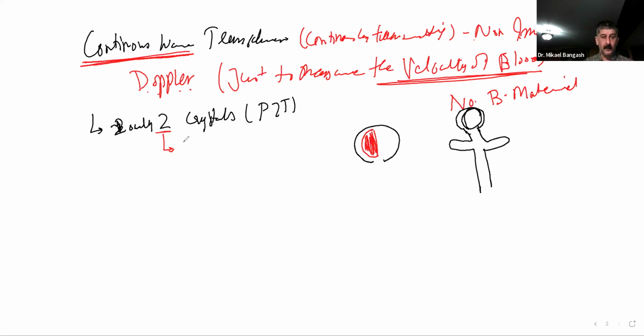Now we can say that this one is continuously transmitting. And what does it mean to be transmitting? Sending out sound waves. So that's going to be doing that continuously.